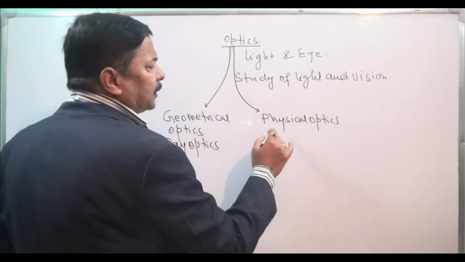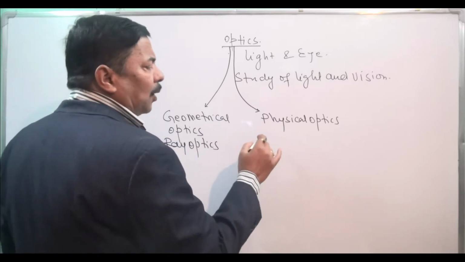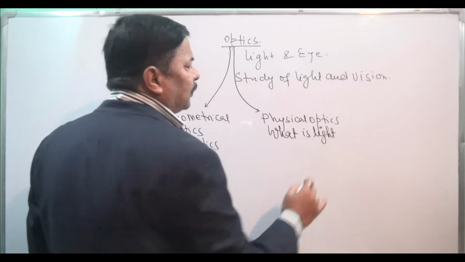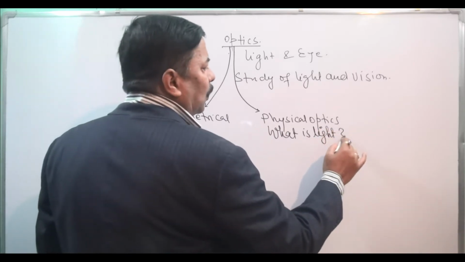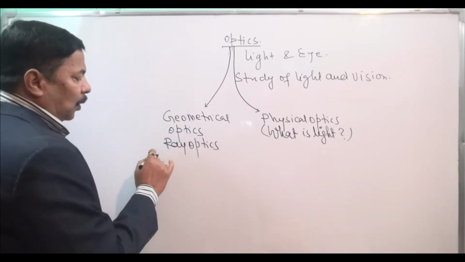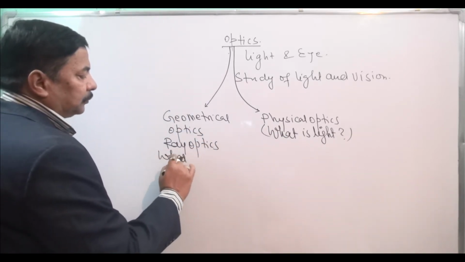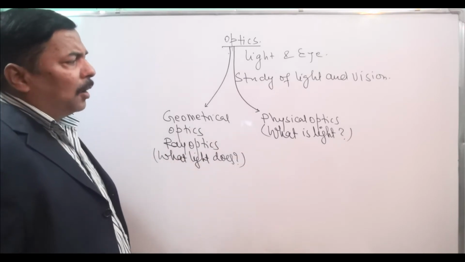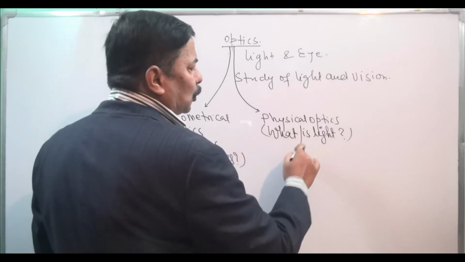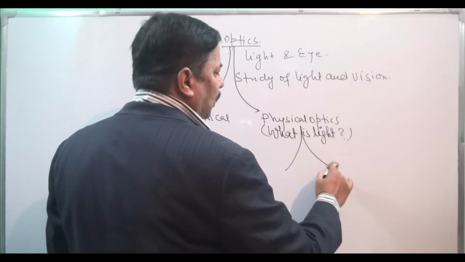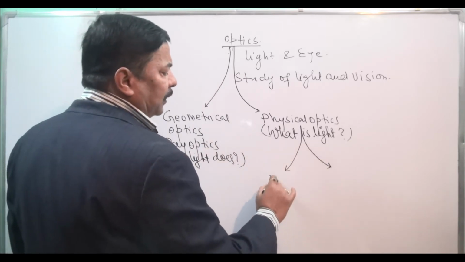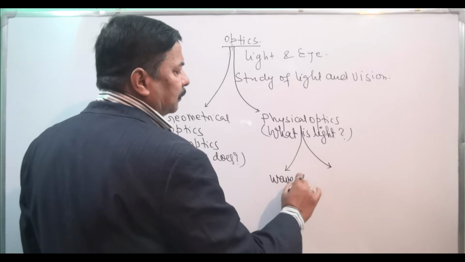This optics gives the answer to the question, what is light? And this gives you the answer to the question, what does light do? When we talk about physical optics, it is further divided into two groups. Some consider light as a wave, then it comes wave optics.